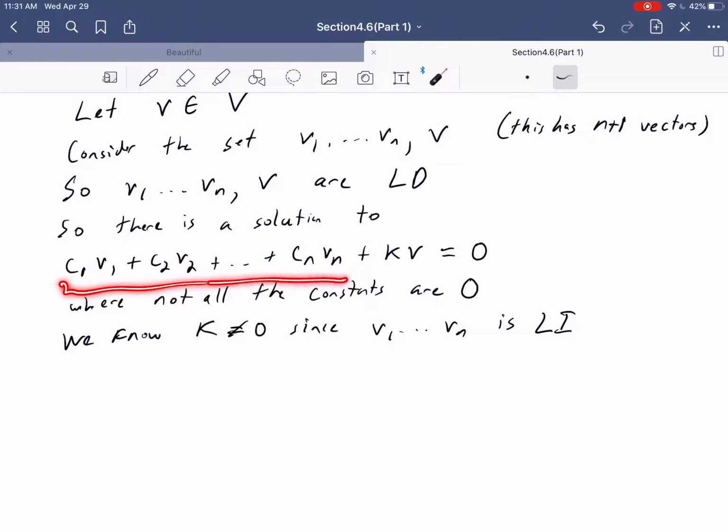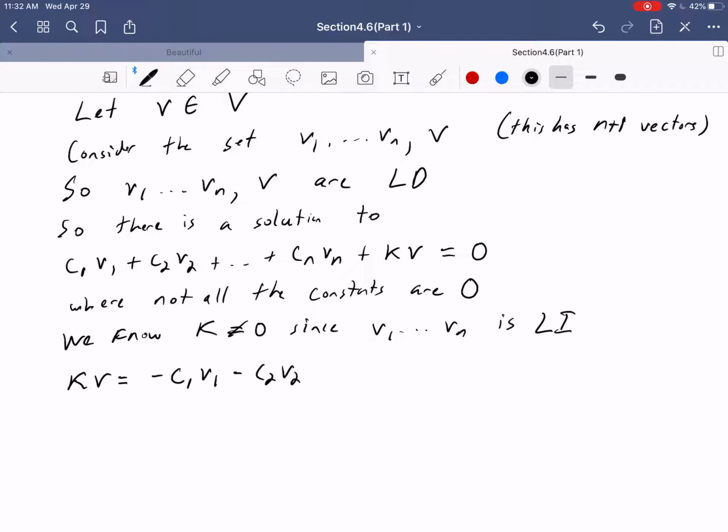Let's bring all these guys onto the other side. So we get KV is negative C1V1 minus C2V2 minus ... minus CNVN. And since we know that k is not 0, we can divide by k on both sides. So we get V is negative C1 over k V1 minus C2 over k V2 minus ... minus Cn over k Vn.